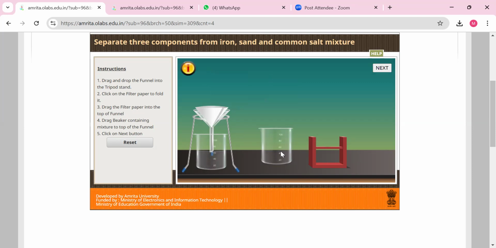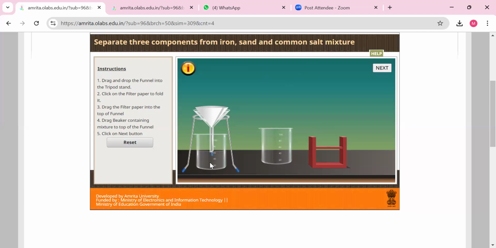The waste particles, that is, the sand particles, are filtered in this area. First I separated the magnetic particles, that is, the iron particles, with the help of the magnet, and then the sand particles are separated with the help of the water, which is in liquid state. So the sand is also separated, and only salt remains in that container.